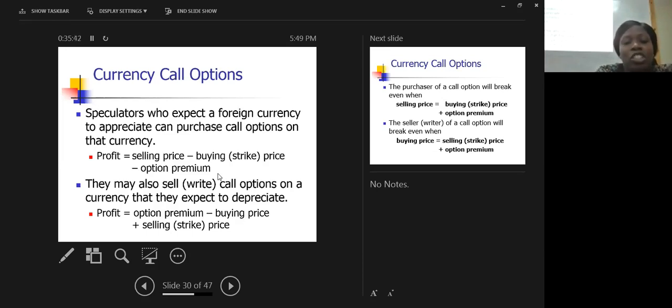If you're short, if you write a call on a currency, the profit is the premium less the purchase price plus the strike. But I'm not really doing so much short.